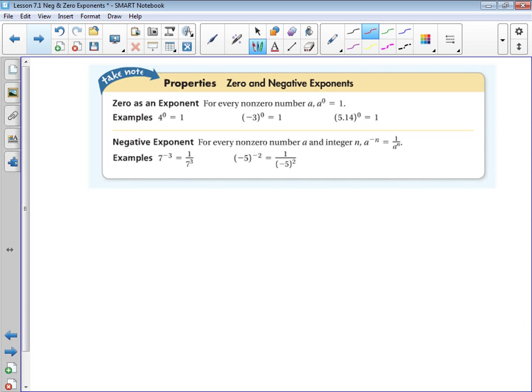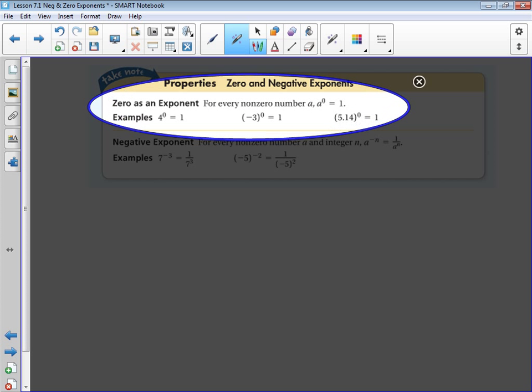So here's a definition for zero exponents and negative exponents. Now, it's not my favorite definition, but it is the definition that your book uses. And I'll start with zero exponents. Anytime you have an exponent of 0, the answer will always be 1.